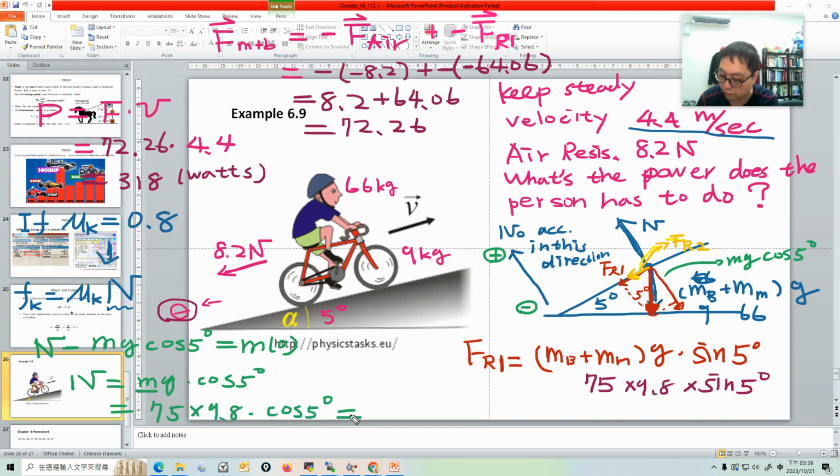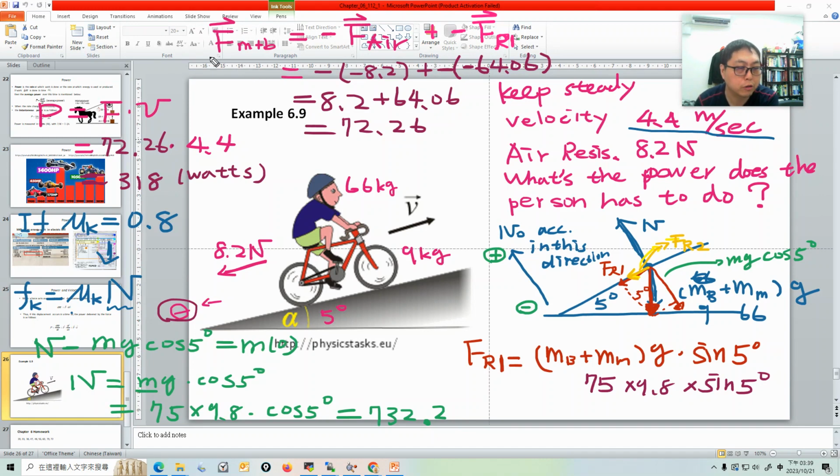So what's the value of this? 75 times 9.8 times cosine 5 is 732.2. That's your normal force. Okay, so let's go back to this equation.